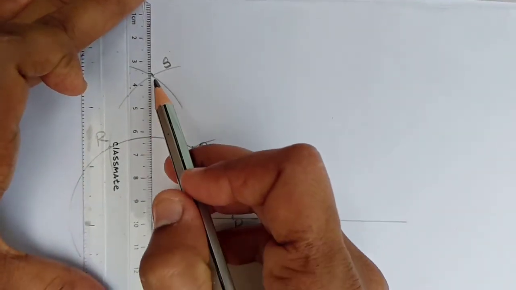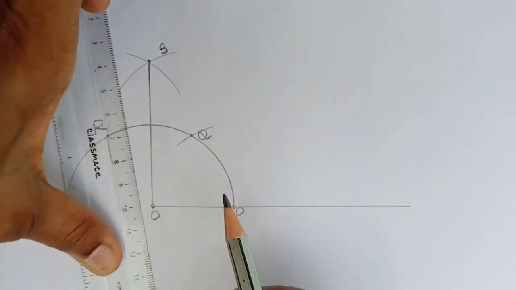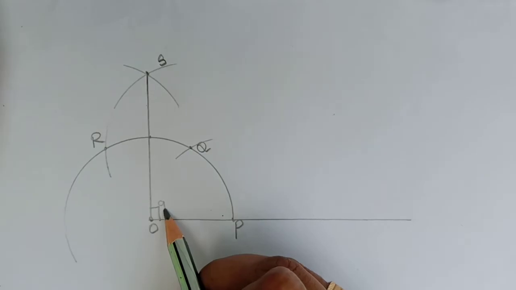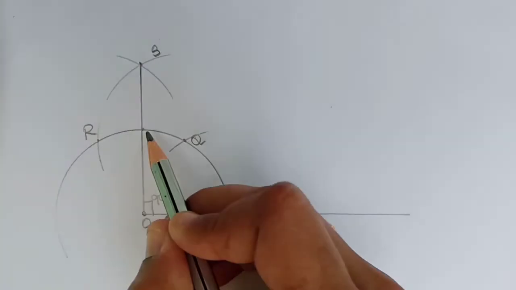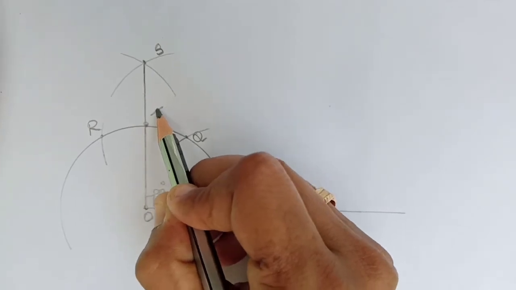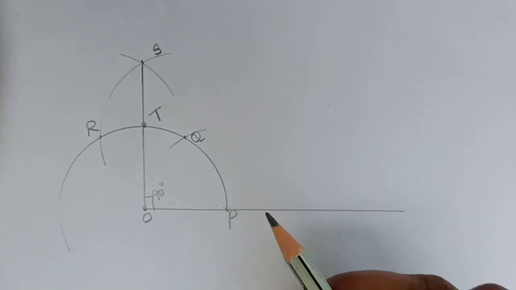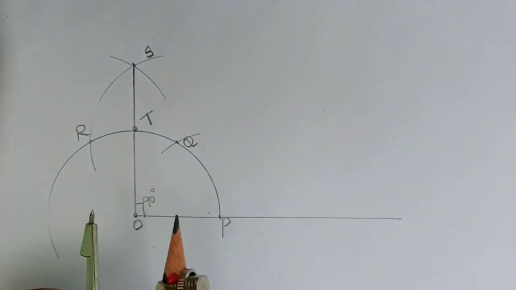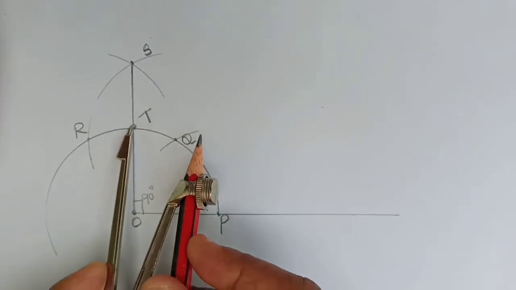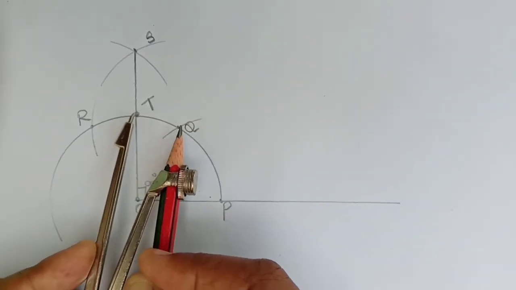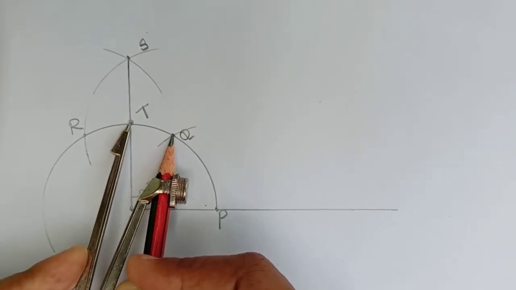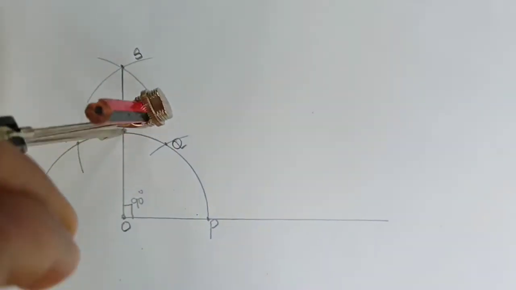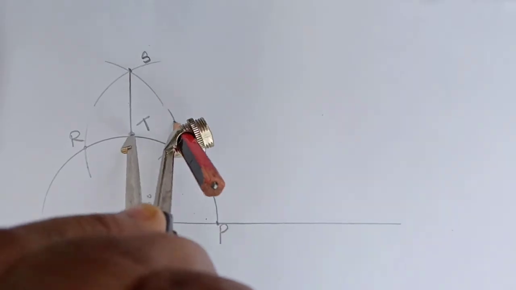By using your ruler, join OS. Now a 90-degree angle is formed, and label the point T. Now we have to bisect the angle between T and Q. For that, take a convenient radius, fix the compass at T, draw an arc.